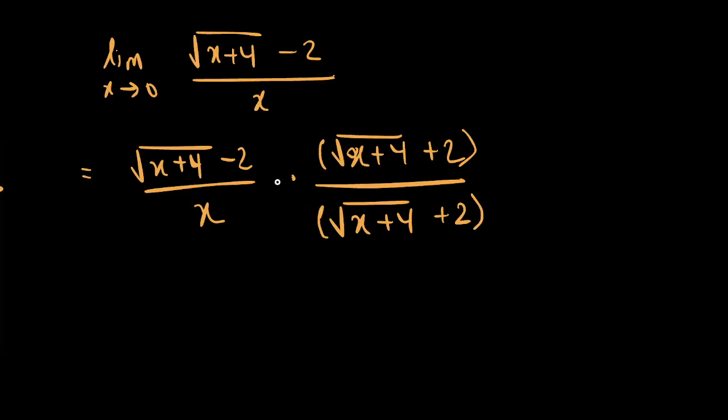Doing so, because of, again, the difference of squares, we are now able to get rid of this square root and simplify this expression. So if we think of this as our a term, and this as our b term, we can see that we're effectively doing a minus b times a plus b, which would give us a squared minus b squared.